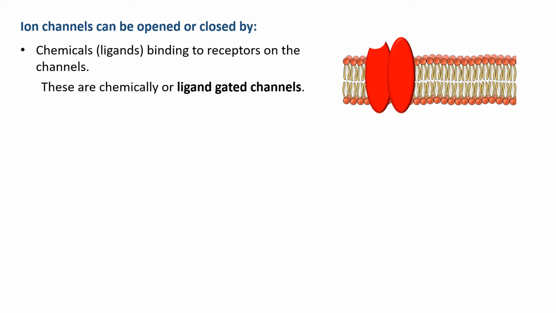The receptor is specific. And these are chemically gated or ligand-gated channels. You can use either term. Ligand is a slightly shorter word to write. But when these chemicals bind, either that channel will open or it will close, depending on the setting, if you like, for that channel.